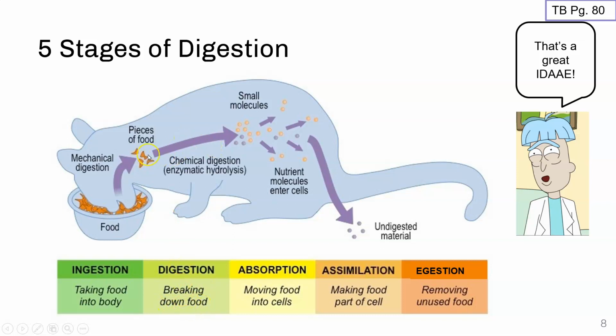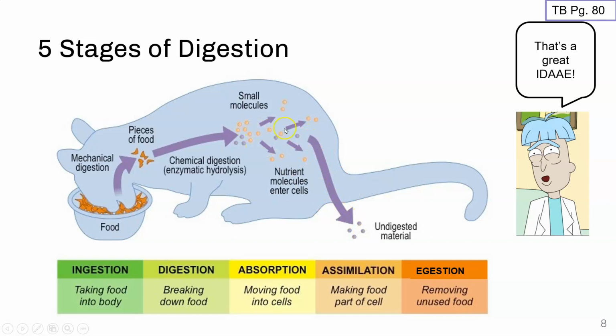Okay, so over here you can see these are relatively big pieces of food, but after digestion, they become small molecules. Then, our body needs to absorb the food, because if we don't absorb the food and all this food just passes out, then we are eating for no reason, right?